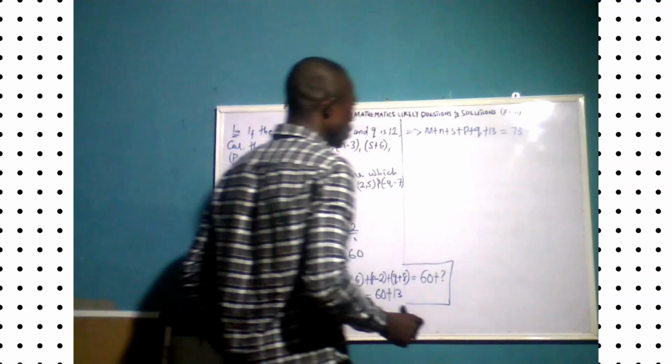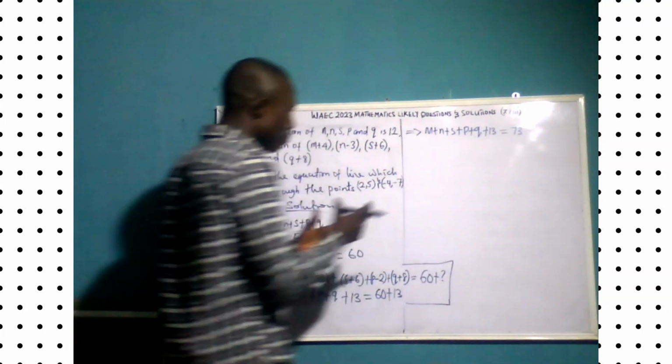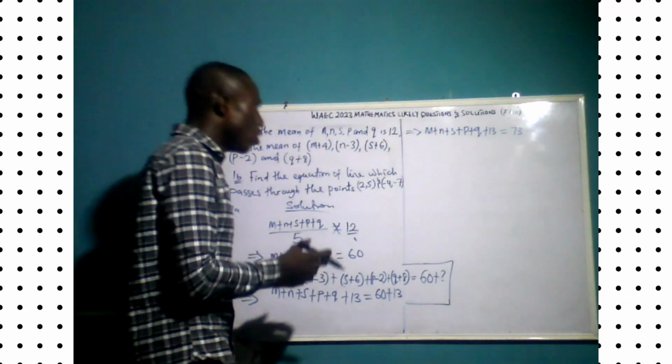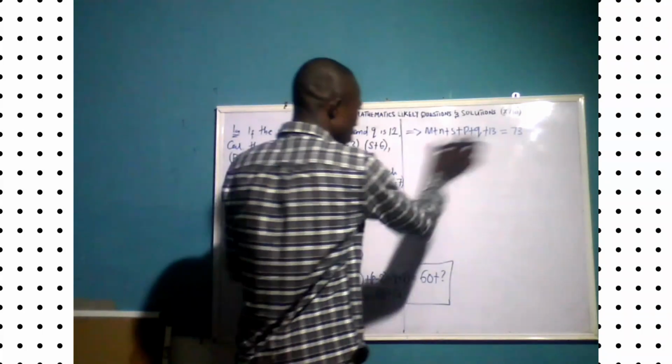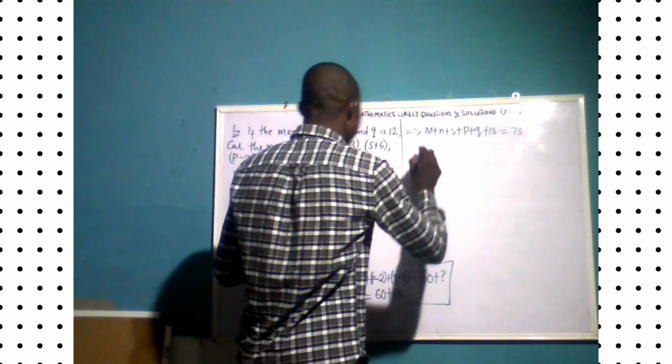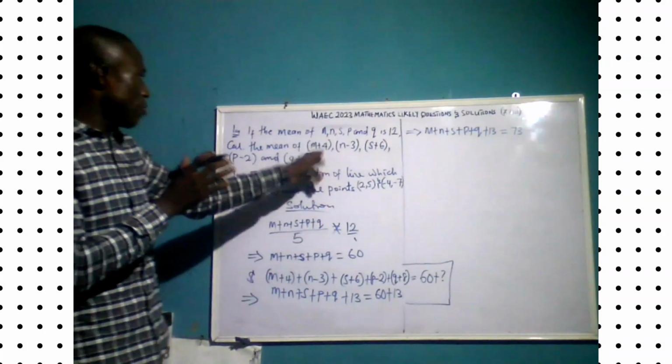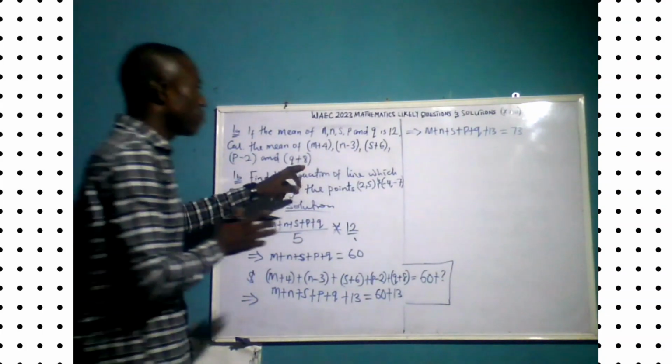And what's the mean? The mean is always the sum of the points all over the number of the points. This is the sum of the points. So how many points do we have? Go back to the question. We have 1, 2, 3, 4, 5. We have 5 points.